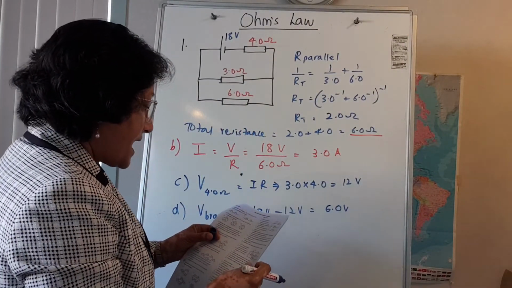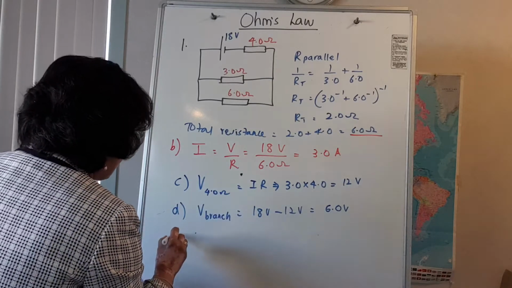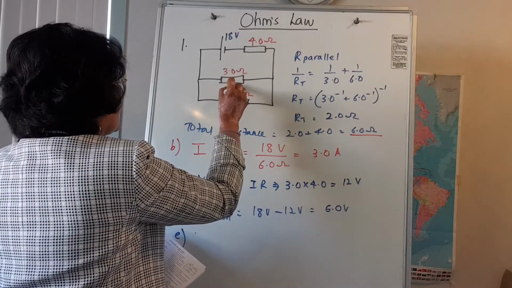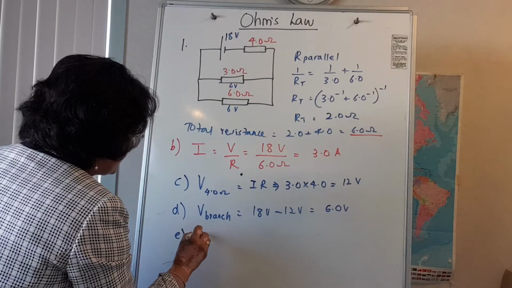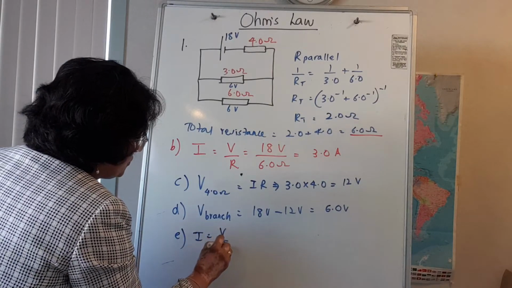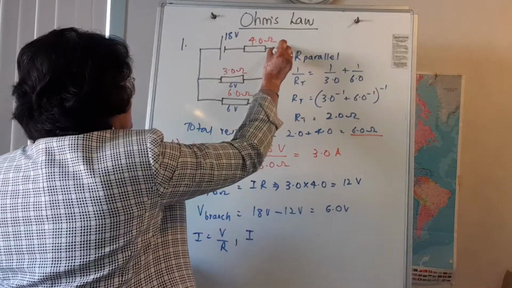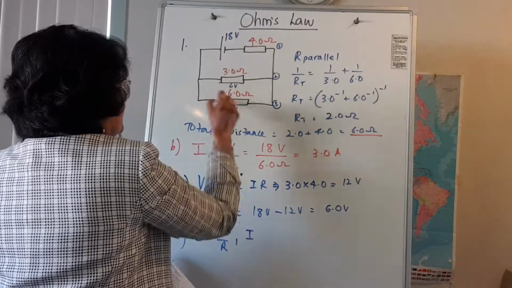Okay? And calculate the current through branches 2 and 3. So if I just put the voltage across this is 6 and the voltage across that is 6, you know that current is voltage over resistance. So the current through branch, I call that branch 1, branch 2, branch 3, 3 of them.